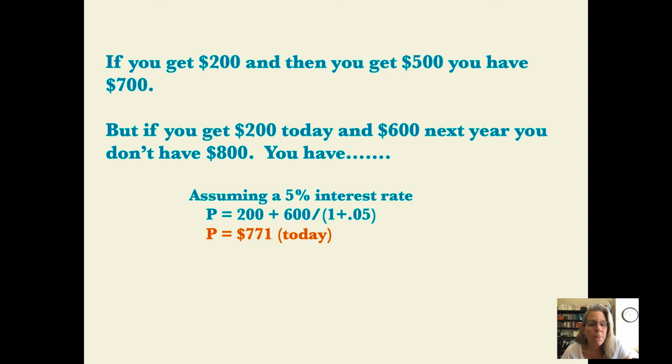If I'm going to assume that I have a 5% interest rate, I'm going to say the present value, or the value today, is $200 plus $600, but I'm going to bring that back to today, find the present value of that $600 by dividing it by 1 plus the interest rate. So the sum of $200 today and $600 next year is the same as $771 today. So I hope that makes sense.